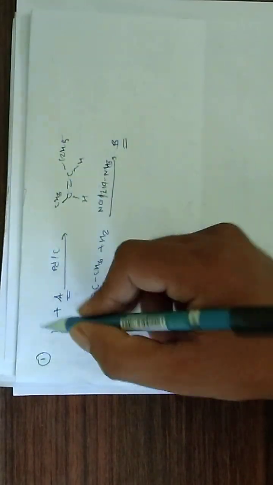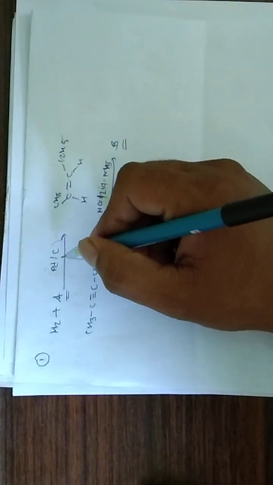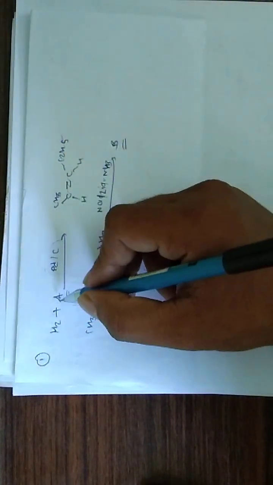So from here you can see this is Lindlar's catalyst in the presence of Pd. So here what happened: the alkyne is reduced to a cis alkene, that is, cis addition of hydrogen to the triple bond to give a double bond.